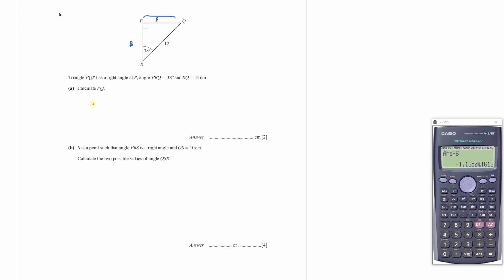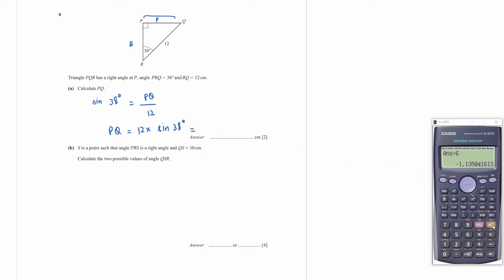So you'll use sine, which is perpendicular over hypotenuse. So you know the hypotenuse. So perpendicular is PQ that you need to find, over hypotenuse is this length QR, which is 12. So PQ is simply 12 multiplied by sine of 38 degrees.